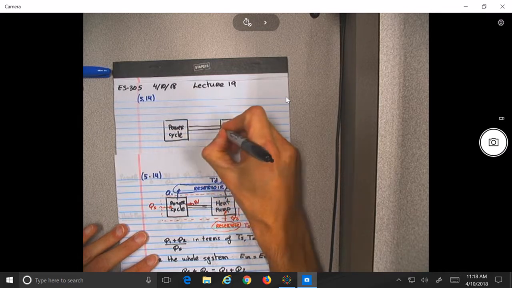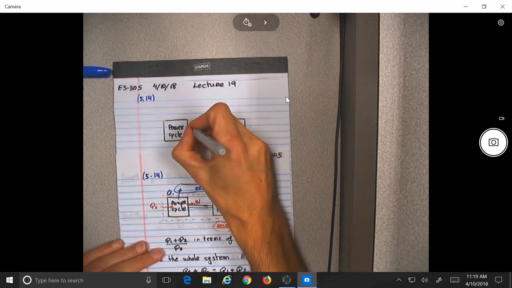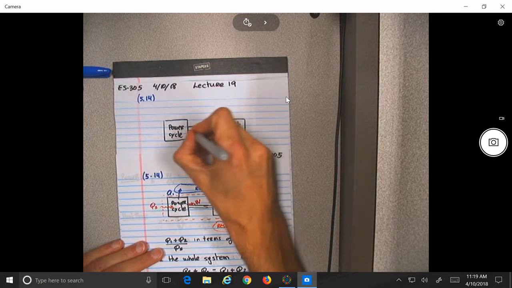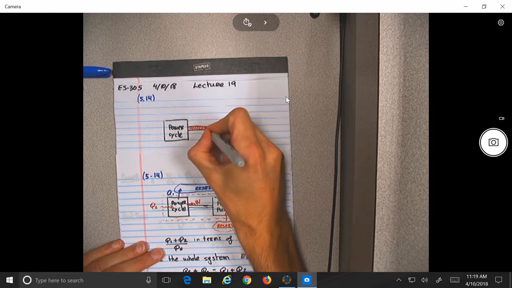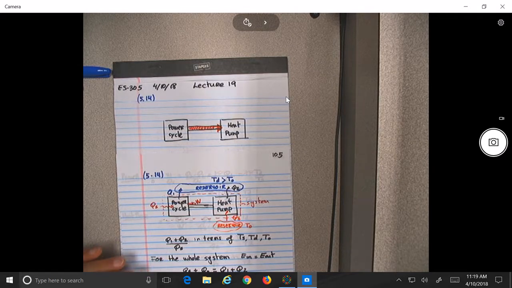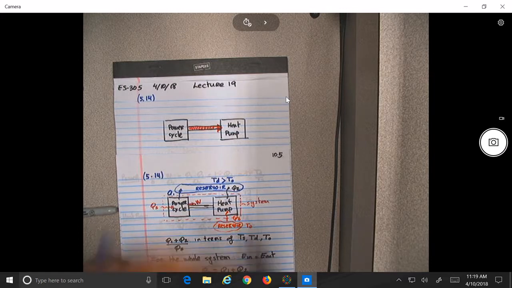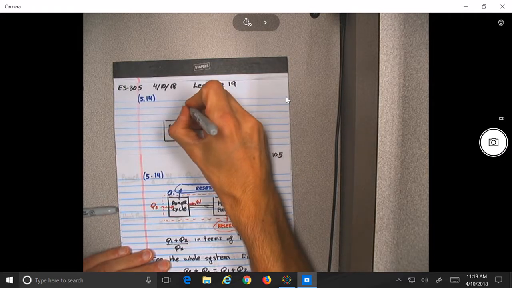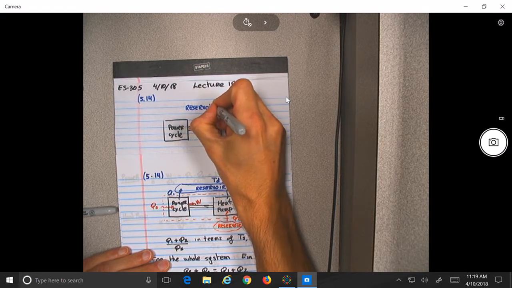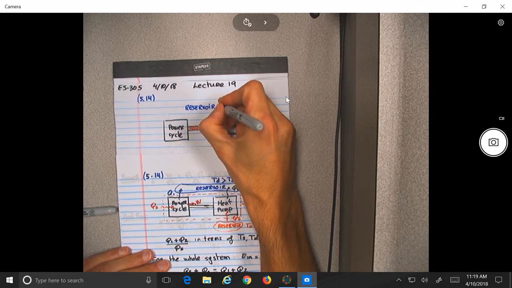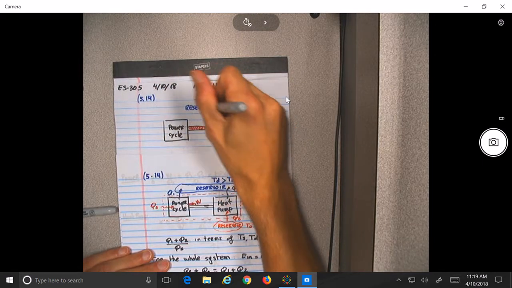Is to create work, no? So we can say that the work created by the power cycle goes inside the heat pump cycle, which requires work. And basically what they say over here is that there is a reservoir over here at a temperature TD.